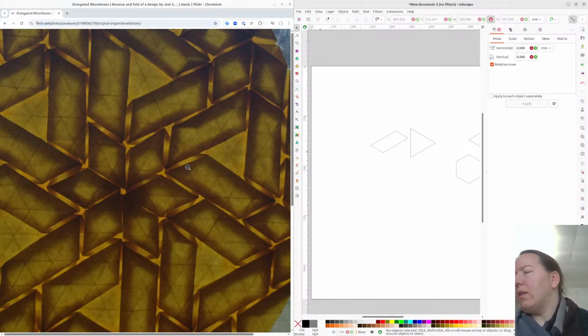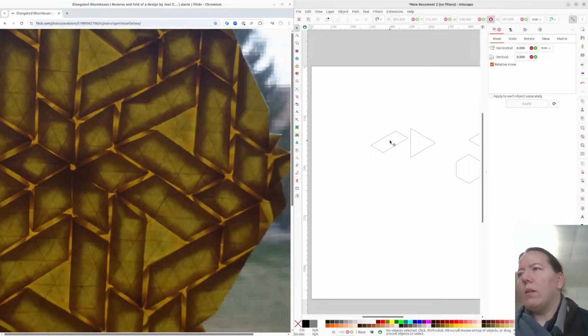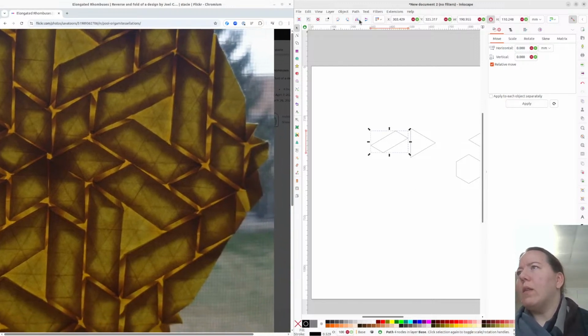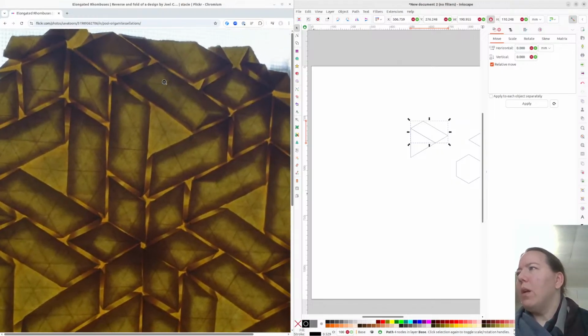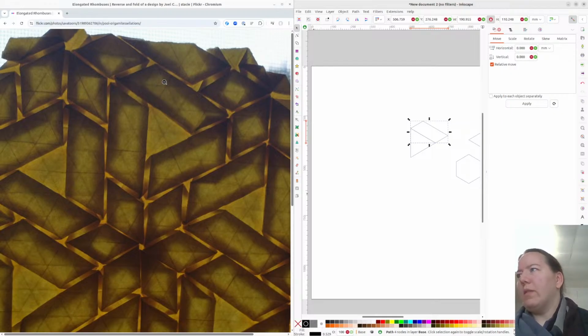I'm noticing that I drew my rhombus in the opposite orientation of the one here. So now the mixed depth rhombus, technically a parallelogram that my mouse is on, is matching the orientation of the one in the tiling.